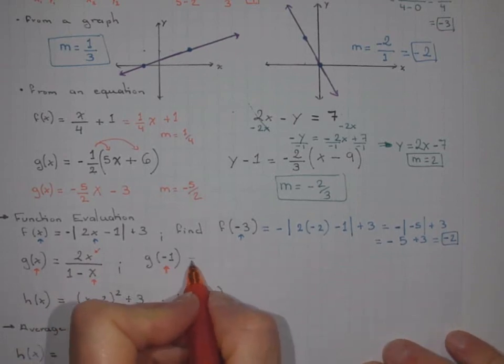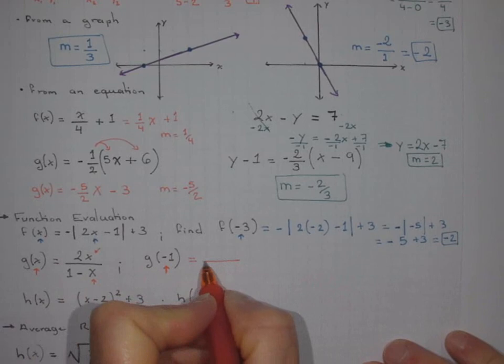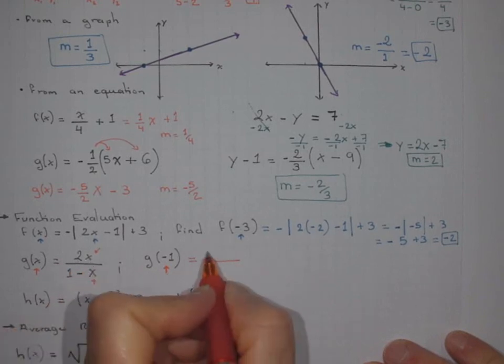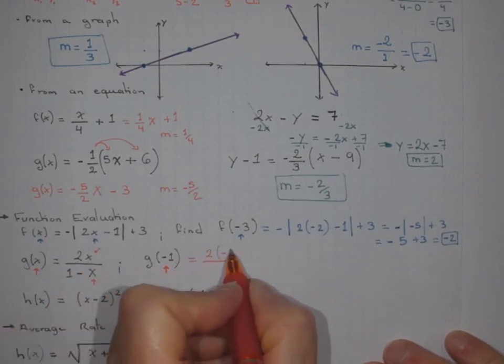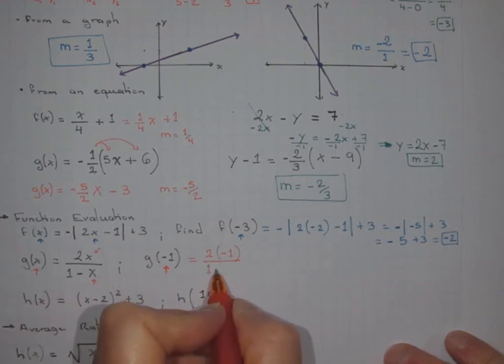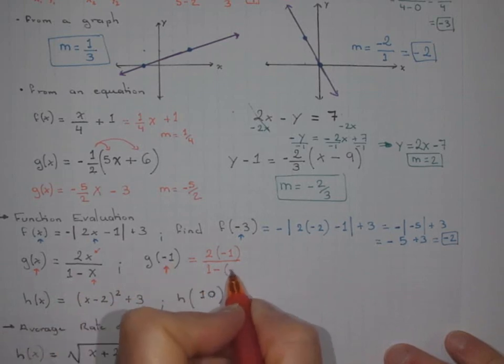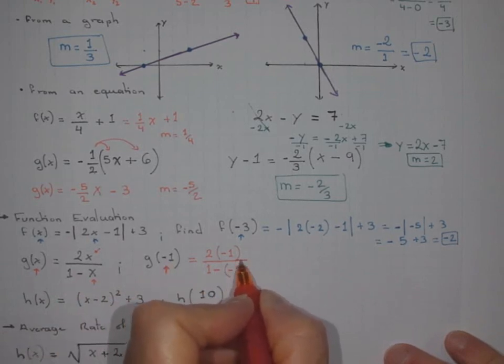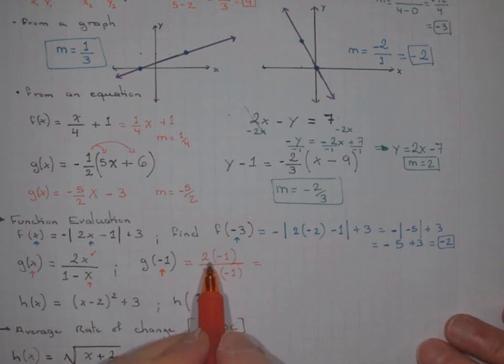So g of -1 is equal to, we had a fraction, and we have 2 times x, but x is now -1, so 2 times -1. And then it was divided by 1 minus x, so 1 minus, and x becomes -1. Okay, now we just simplify. Numerator first.